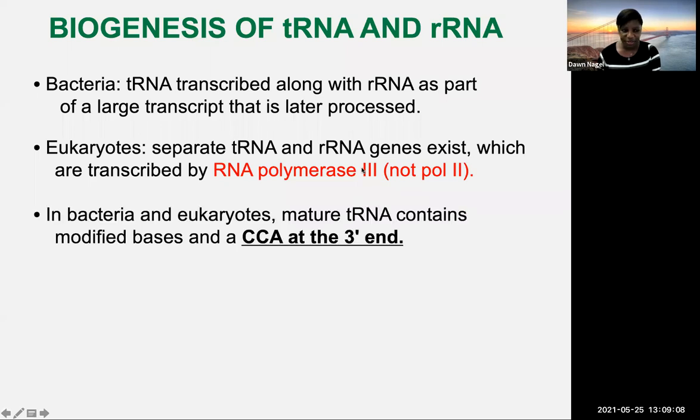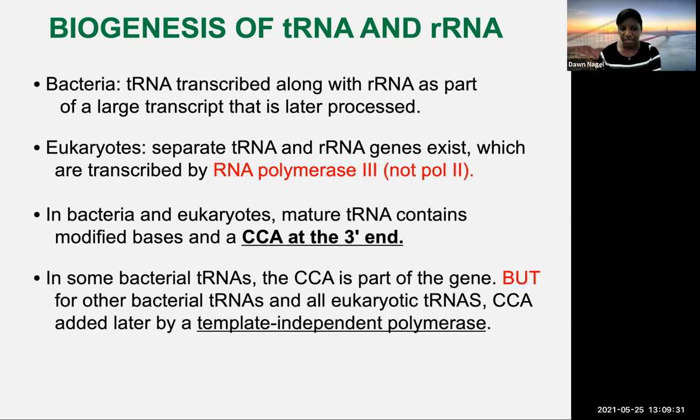The other thing that's important for this mature tRNA is that at the end of the mature tRNA, there are these modified bases and a CCA at the 3' end. You'll see why that's important in a minute. In bacteria, this bacterial tRNA, the CCA is part of the gene.